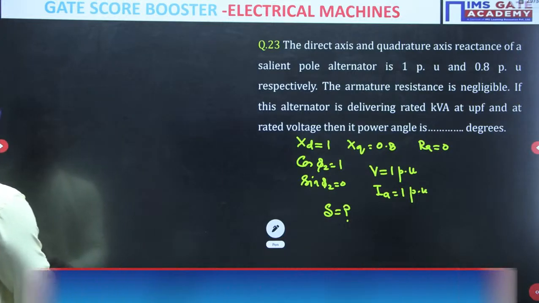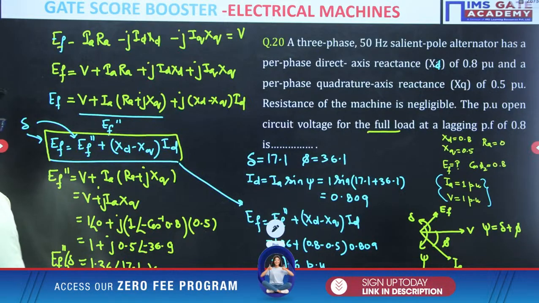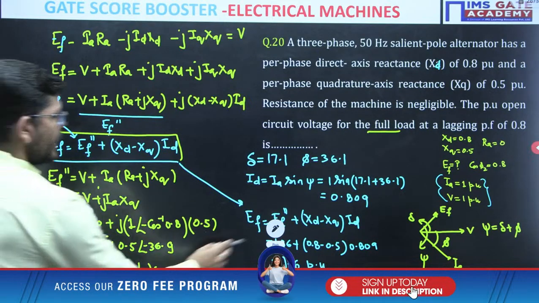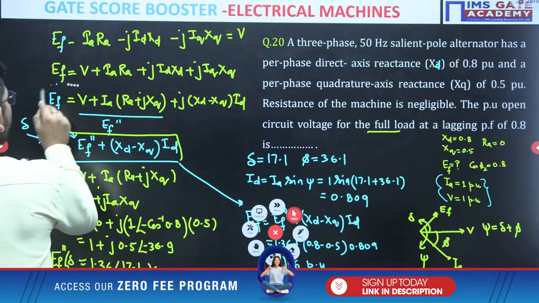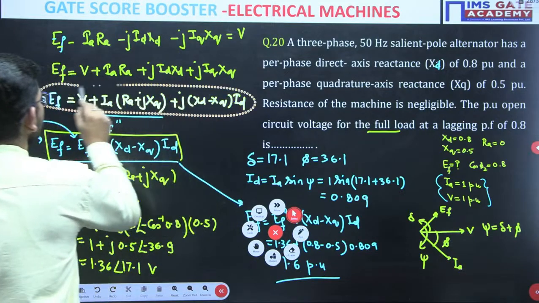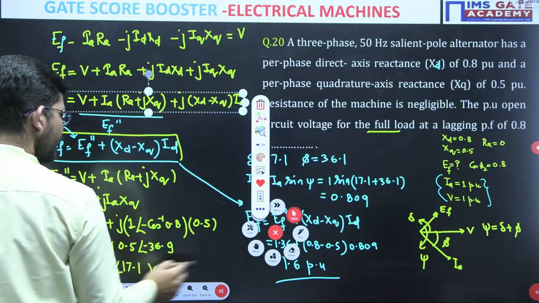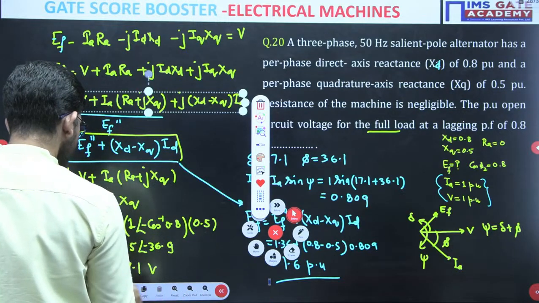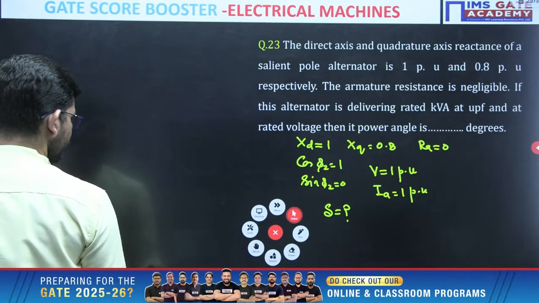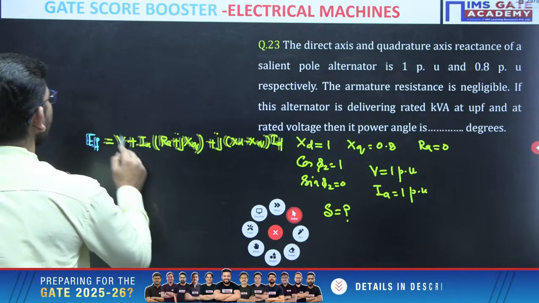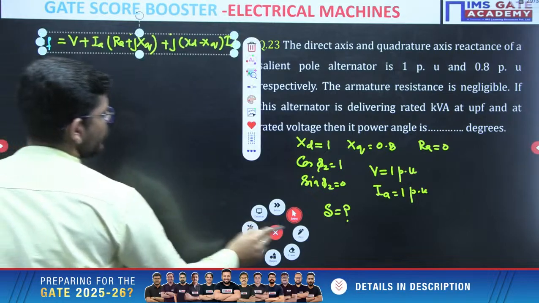Okay, let me take you to the last question. So, if you have seen that we have derived this equation, let me again write this equation. Okay. So, just see, I have written this equation here.